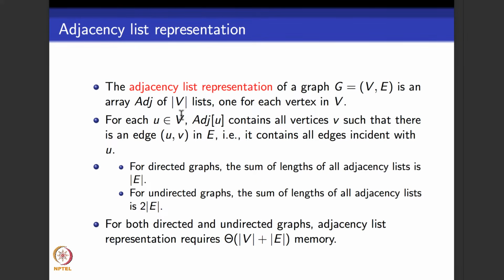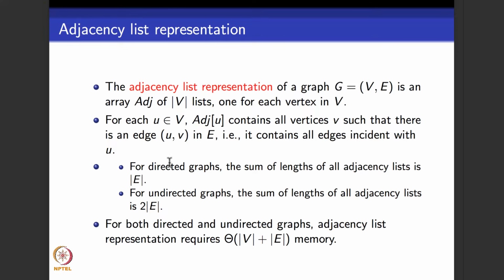Right? So what does an adjacency list contain? It contains an array of mod V lists, one list for every vertex, where the list for every vertex contains all the other vertices that are connected to this vertex through an edge. What is the size of an adjacency list? For undirected graphs, the direction of the edge doesn't matter, right? So when I have an edge UV, I practically have two edges, UV and VU. So for undirected graphs, the size of the adjacency list is 2 times mod E, two entries for every edge present in the graph.